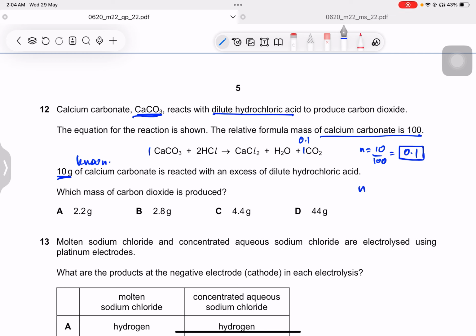So mass is basically number of moles multiplied by Mr, which will be 0.1 times the Mr of carbon dioxide, which is 12 plus 32, which is 44. So 0.1 times 44 is 4.4. The correct option is C.